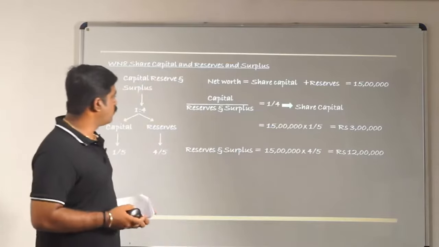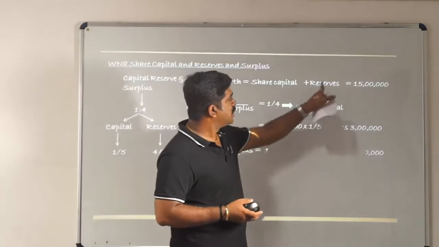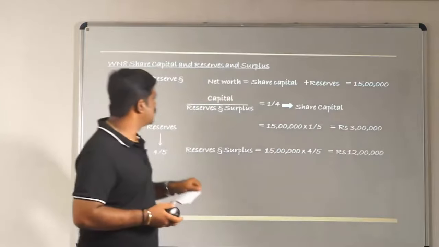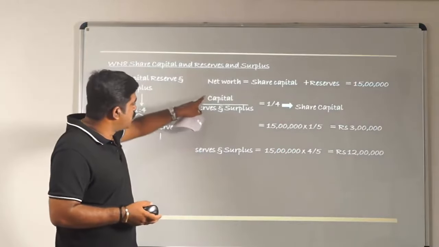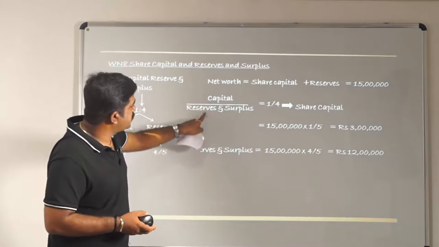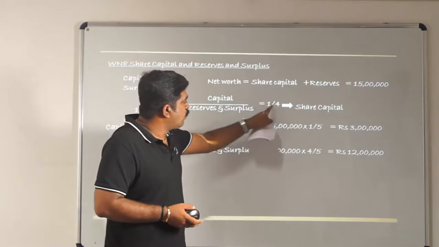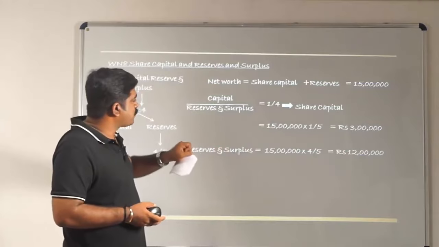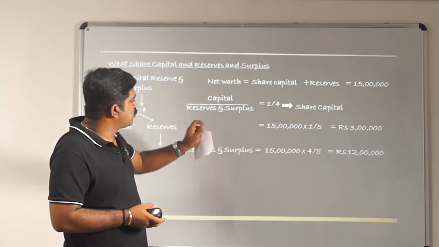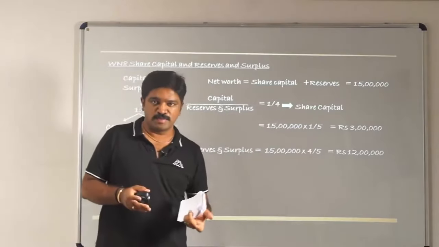Okay, so if you look at it, net worth is nothing but share capital plus reserves, and put together it is 15 lakhs. So the information we have is capital to reserves and surplus is 1:4. So the point you have to notice is, if both are put together, it can be called 5.